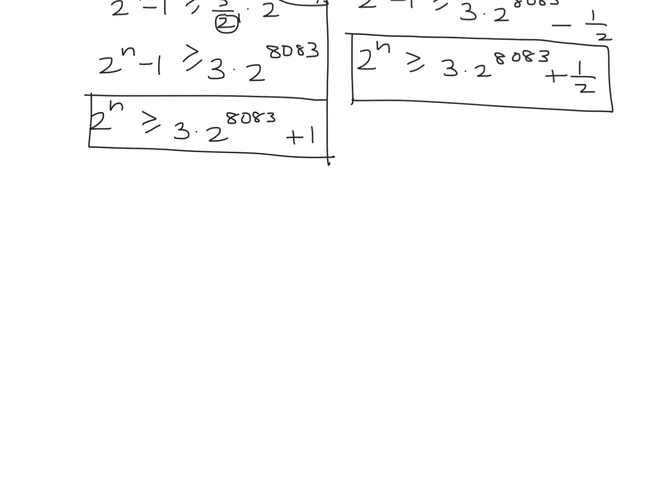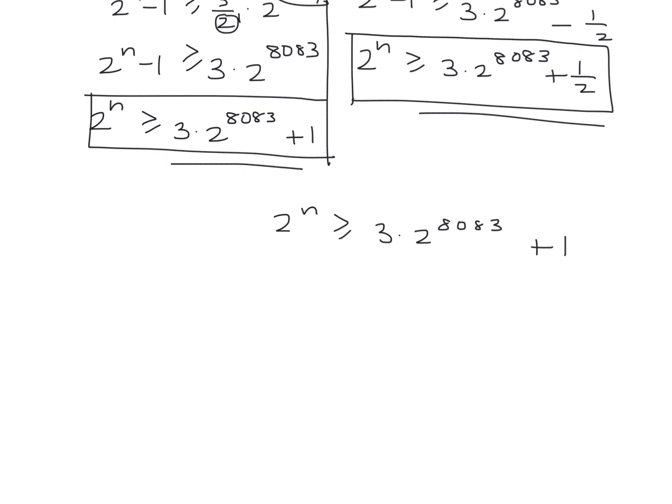Okay. So 2n is greater than this guy and is greater than this guy. So obviously, let me think about this. So obviously, it's got to be greater than just the 3 times 2 to the 8083. I don't know if that's actually, it'd be greater than that plus 1.